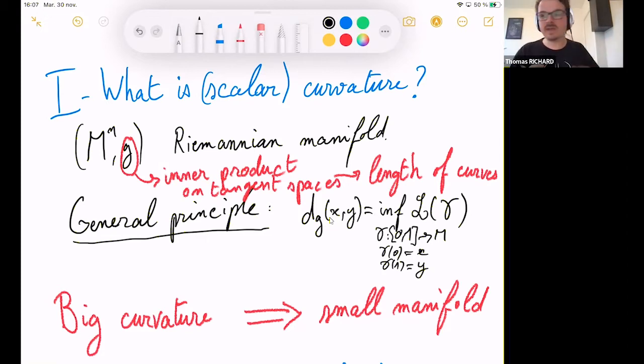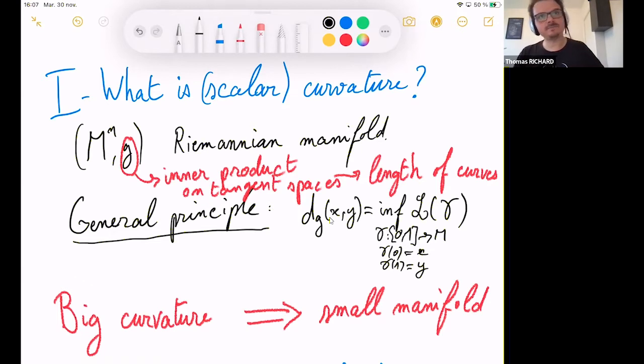A natural example of a Riemannian manifold is a hypersurface defined by a nice equation in R^(n+1). Then you can measure the length of curves on it, and you get a Riemannian manifold like that.